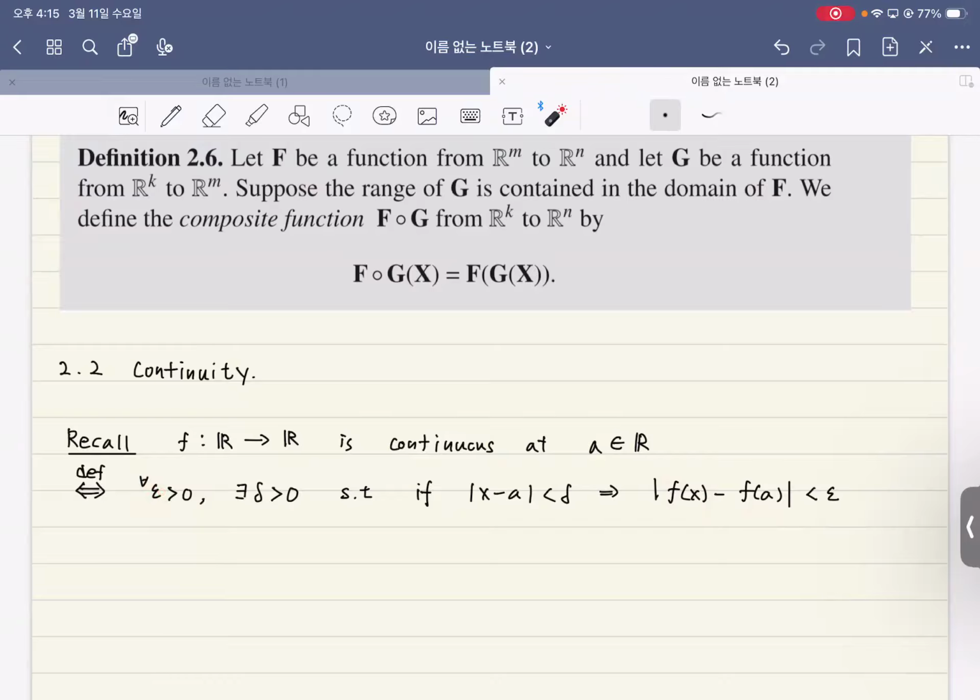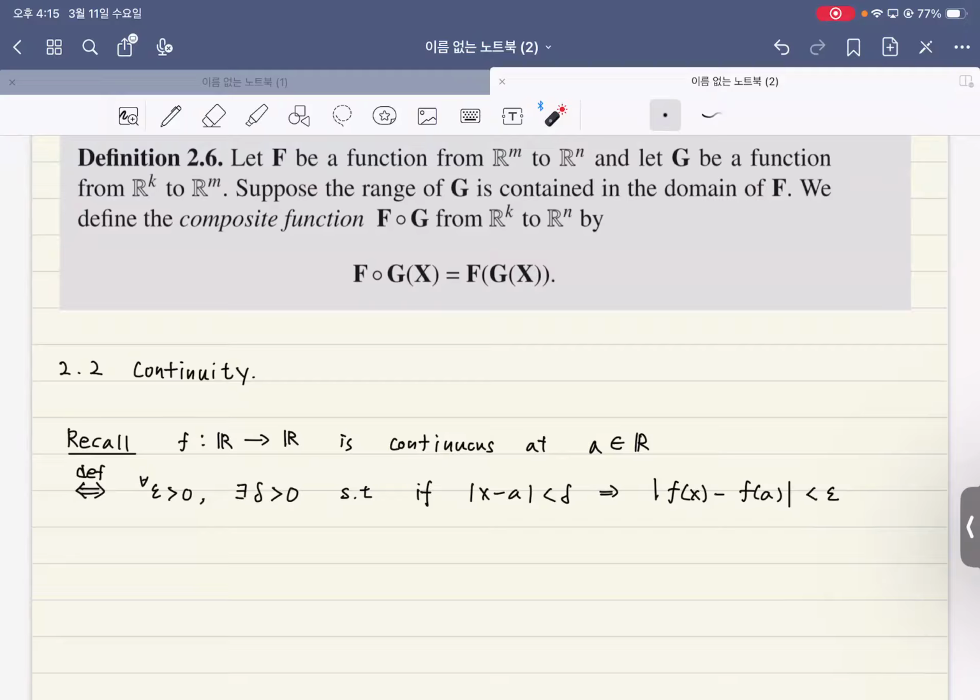In order that our approximated function value is close to the true value within this error tolerance, this definition tells us that our input value must be this precise. So this is the definition of a continuous function.